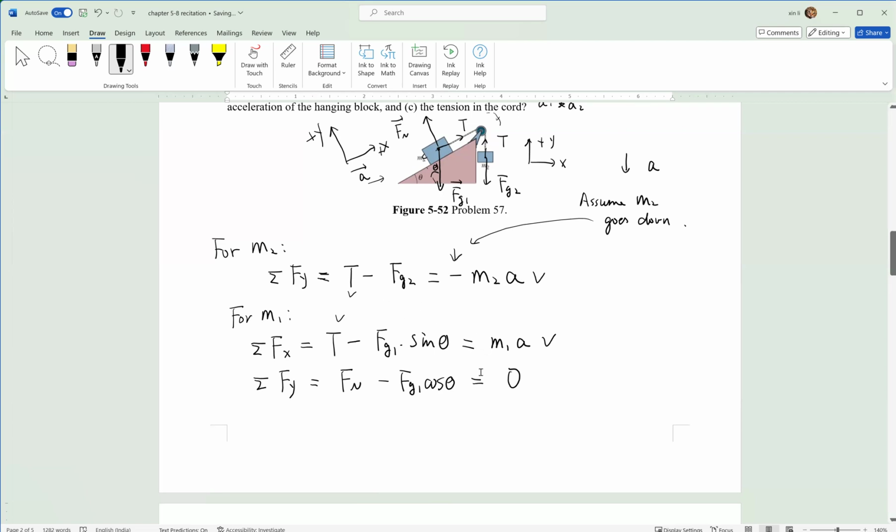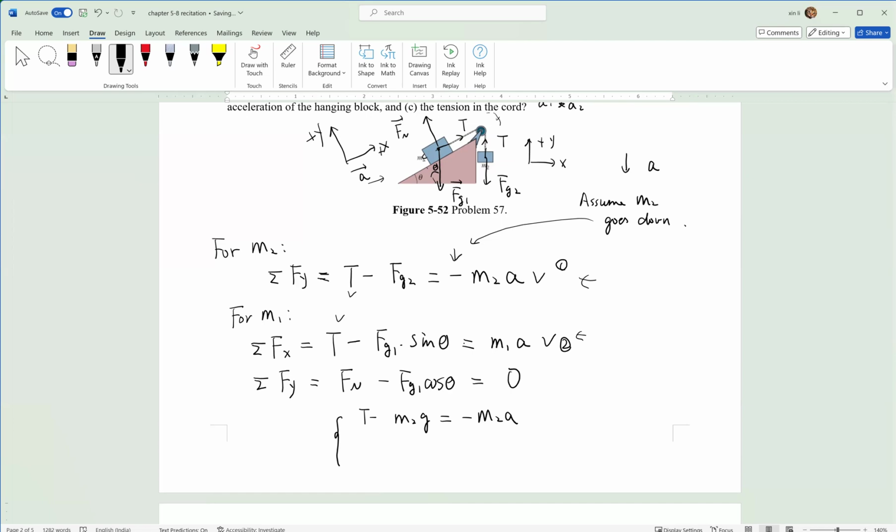So the only thing we need is to put these two equations together and get our numbers in, okay? I'm going to write this is 1, this is 2. So equation 1: tension minus M2g will be equal to negative M2a.